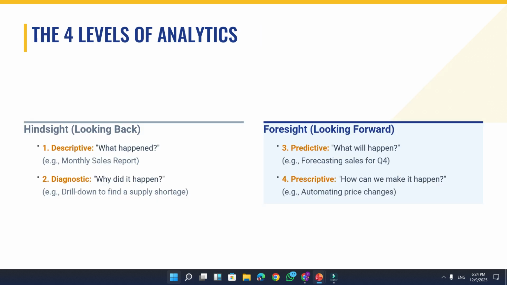We have four levels of analytics in the world of data analytics. These levels should come in order so that you can have meaningful results. The first level is descriptive analytics.